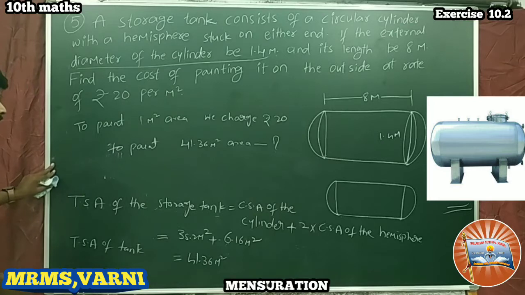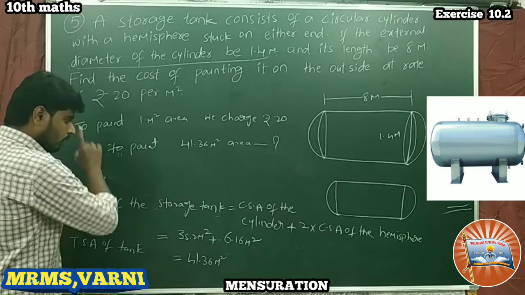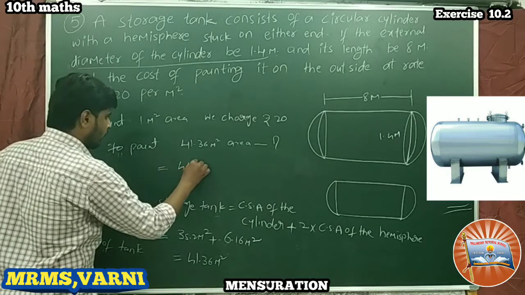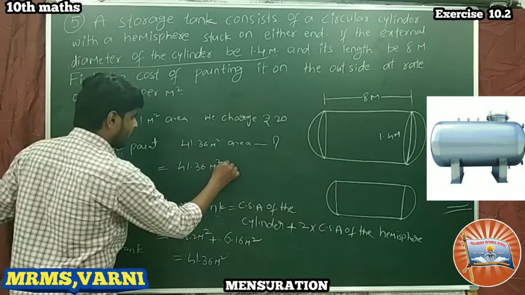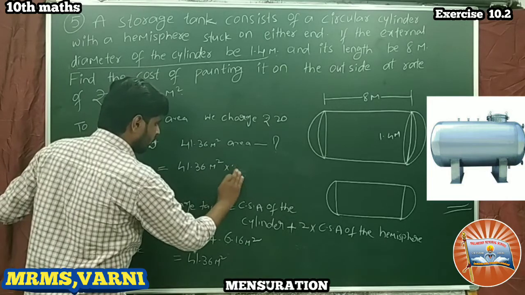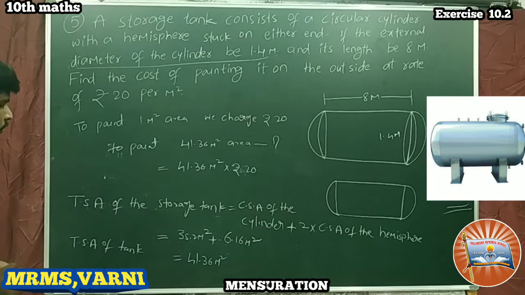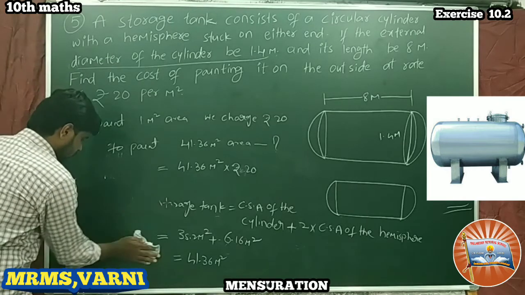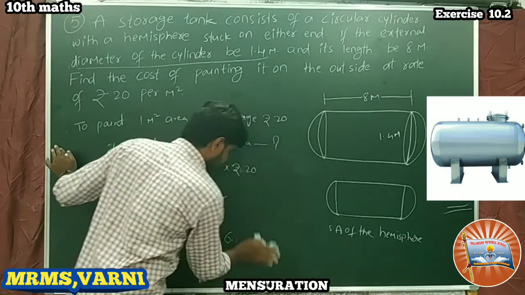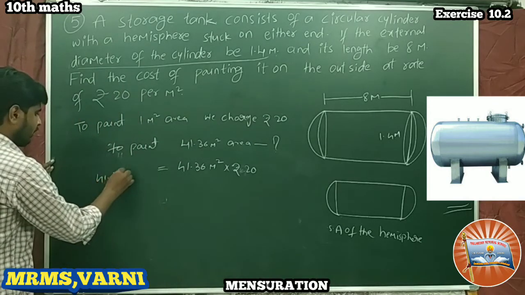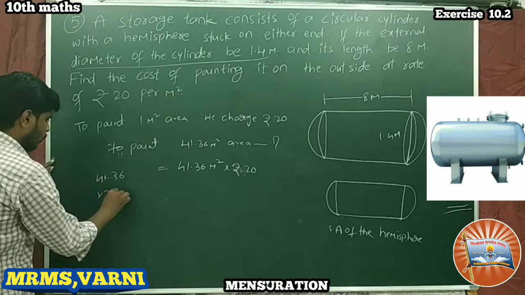So what we do here, we need to multiply 41.36 meter square into 20 rupees, okay. So how much does it cost? 41.36 into 20.